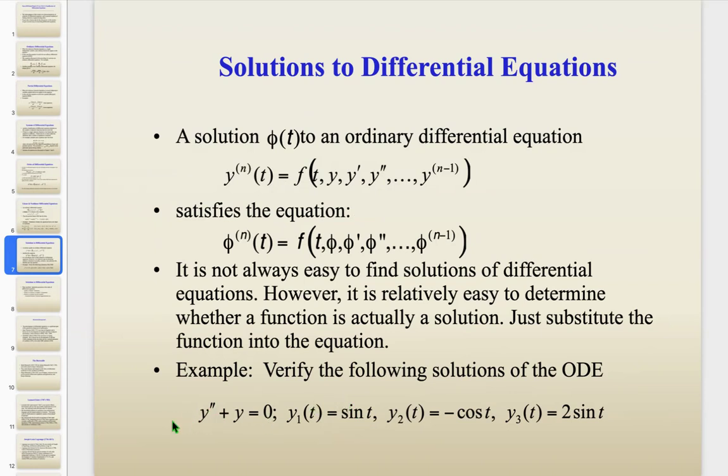So the second derivative is minus sine t, plus y, which is sine t, and clearly those two add up to 0. So y1 is a solution of this ODE. I'll leave you to pause this video and check that y2 and y3 are also solutions of this ODE, which shows you that sometimes you have more than one solution to an ODE.